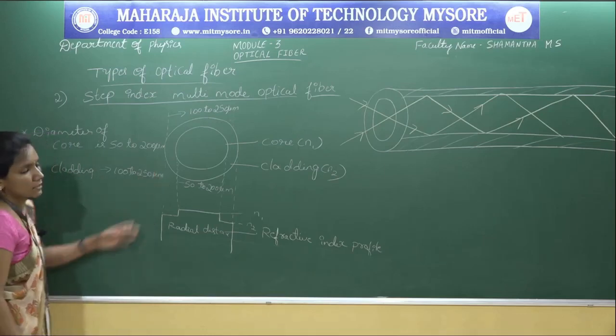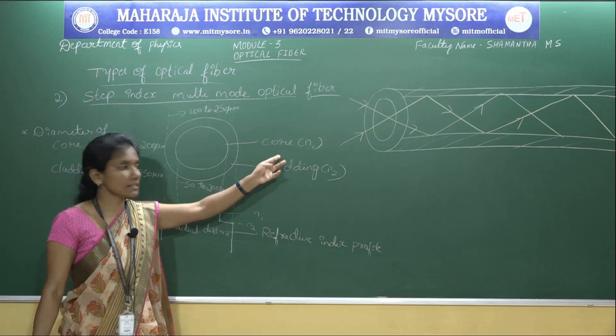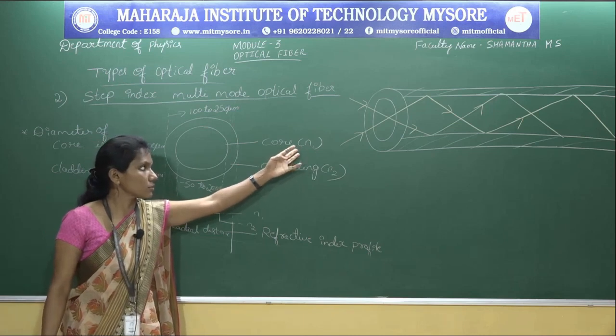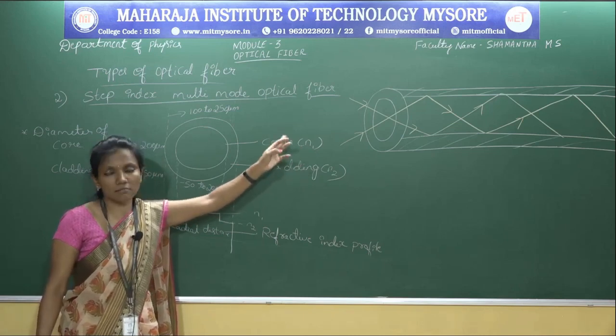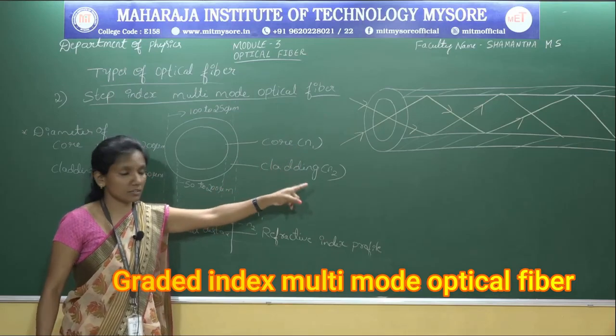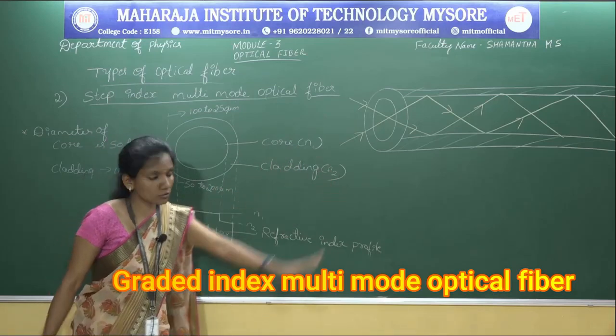The core refractive index is represented by N1, and the cladding refractive index is represented by N2.